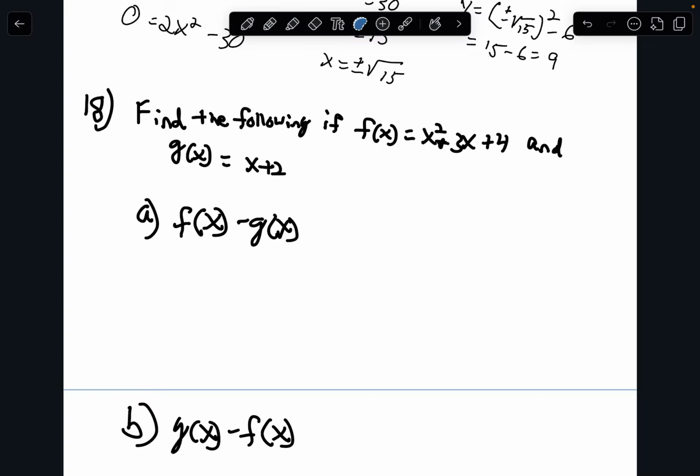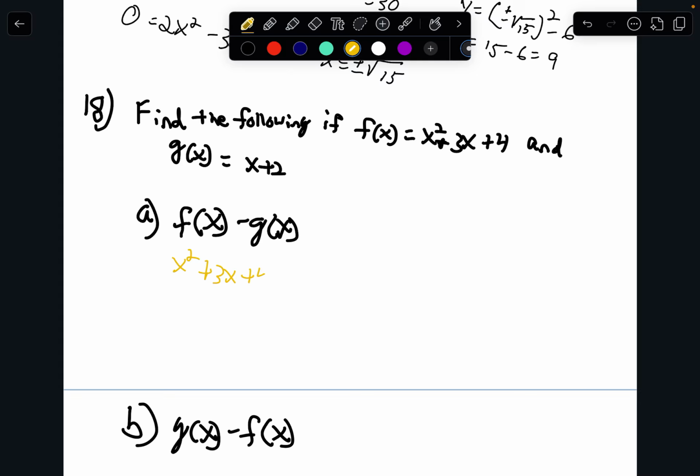So, f of x minus g of x. Well, f of x is x squared plus 3x plus 4, and we're going to subtract from it g of x, which is x plus 2. Notice you're subtracting all of the x plus 2. So this becomes, you combine like terms, so there's nothing like with the x squared, so it just stays the same.